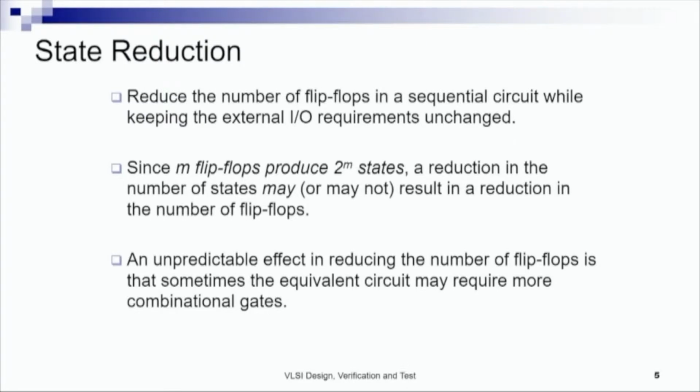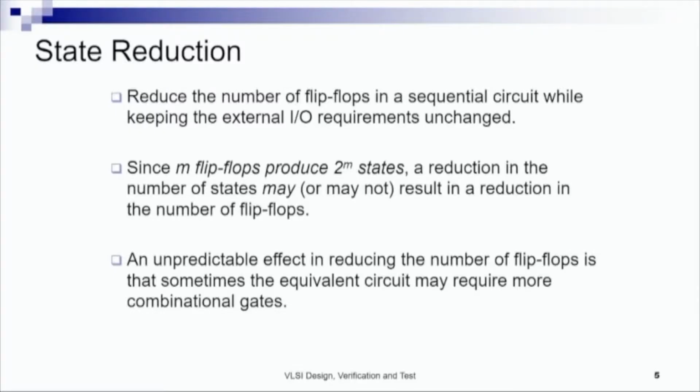We know that each flip-flop can hold one bit of information. Through one flip-flop, I can define two states, and hence to obtain a structural realization of an FSM which has 2 to the power m states, we require at least m flip-flops. However, reduction of states may or may not result in a reduction in the number of flip-flops.